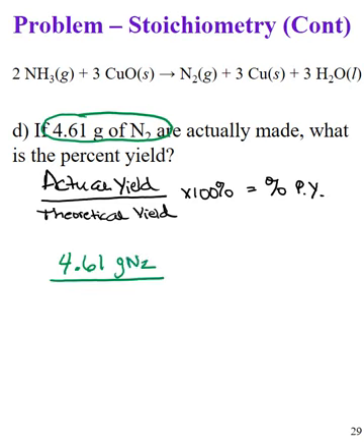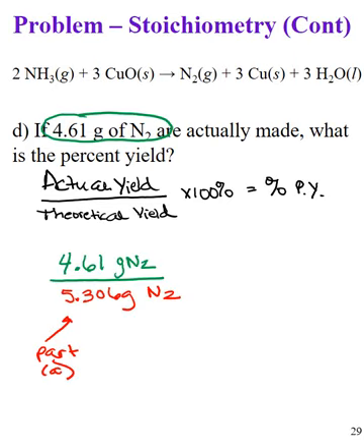divided by theoretical. This is how much theoretically we could make. How much was this number? Now, what you have to do is go back to the previous slide for part A. We found that there could only be 5.306 grams of N2 that could possibly be made.